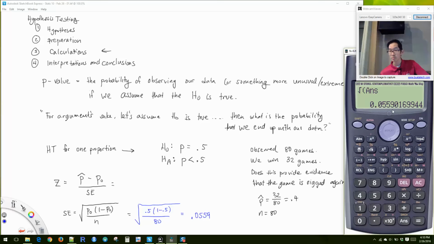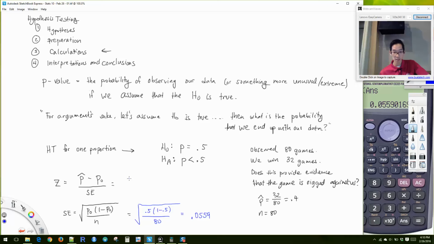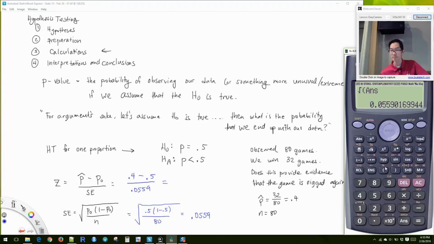So my p hat is 0.4. My p0 is 0.5. And my standard error is 0.0559. So I'm going to have 0.4 minus 0.5 divided by this value, and I get negative 1.79.